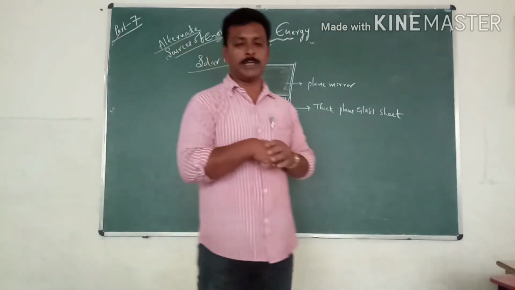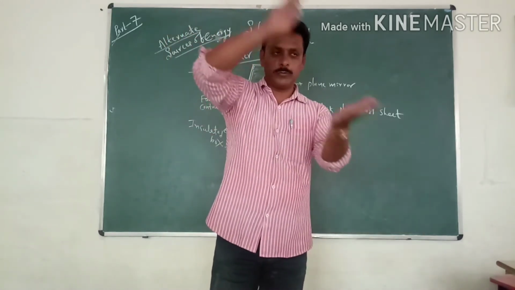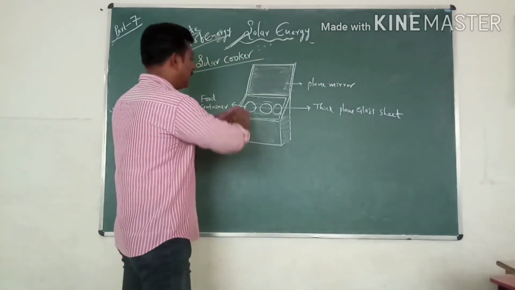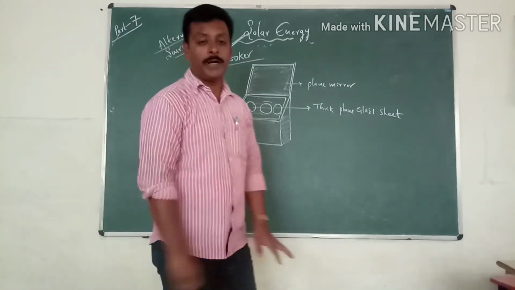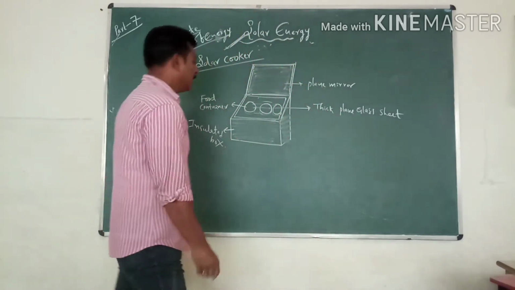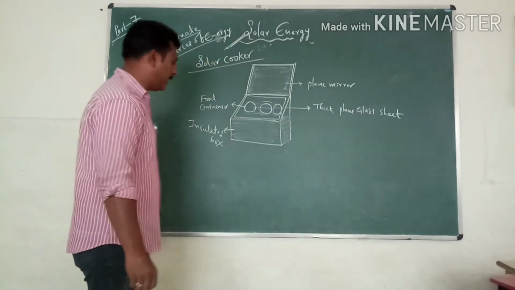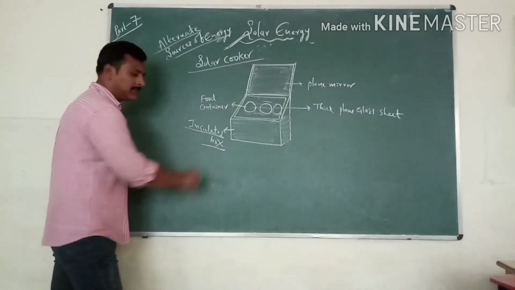In our language, it is like a suitcase, the way we open a suitcase from the top. It is a box of cuboidal shape. The material used to prepare the box, I wrote here, is an insulated box.